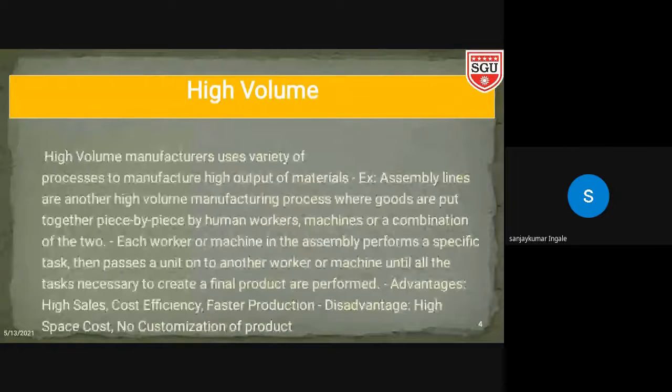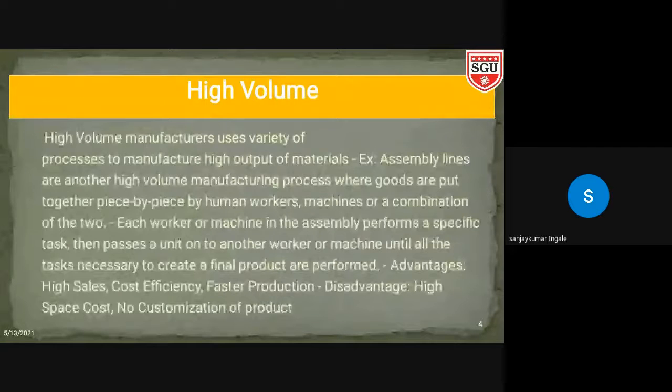Next is high volume. Here, the manufacturer uses different types of processes to manufacture high output. For example, an assembly line is another high volume manufacturing process where goods are put together part by part by humans, by machines, or by a combination of the two.